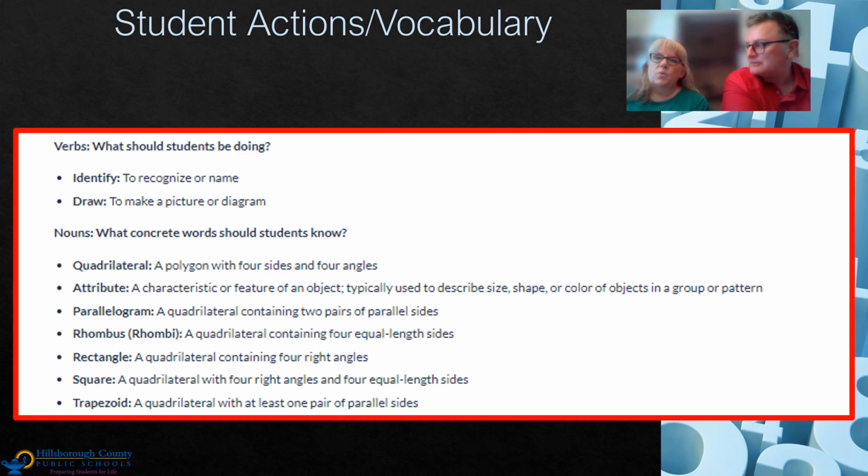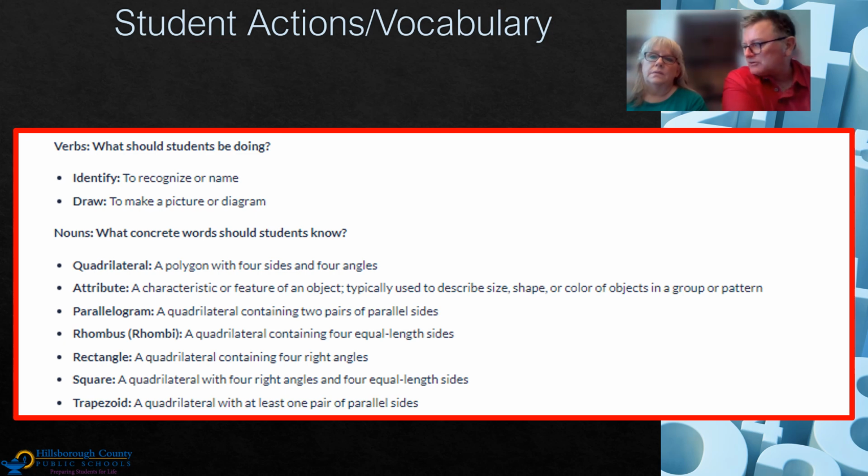For example, a rectangle contains 4 right angles. That's all I really need to know. Yes, they're going to have 2 pairs of opposite congruent sides, but any quadrilateral with 4 right angles is going to automatically have that. This is a minimal defining definition of what it takes. This is the attribute that's necessary to categorize it as whichever type of quadrilateral.